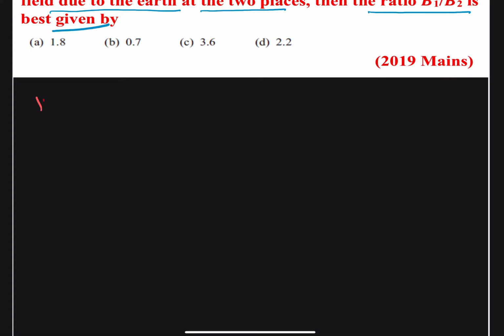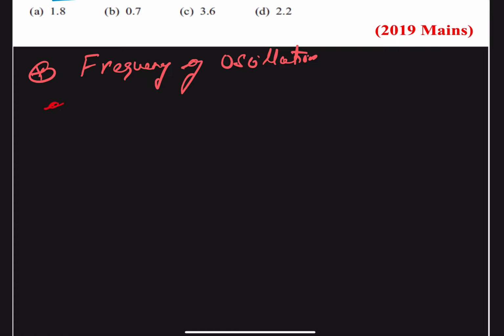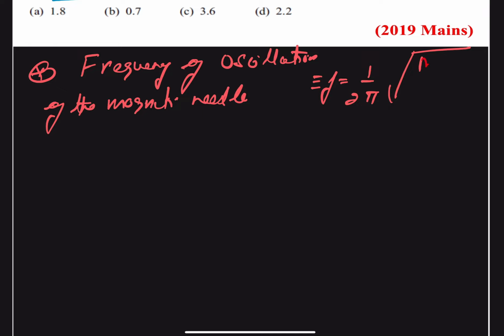The frequency of oscillation of the magnetic needle, F, is equal to 1 upon 2 pi square root of m BH divided by I. Here I is the moment of inertia and BH is the horizontal component of the Earth's magnetic field.